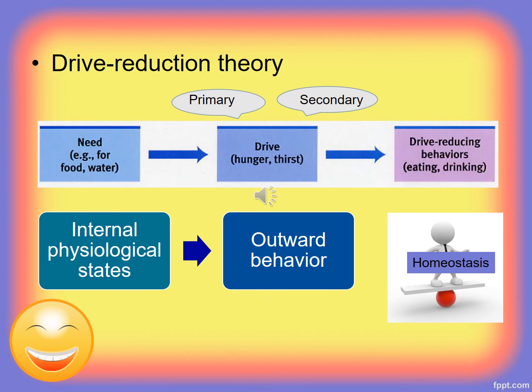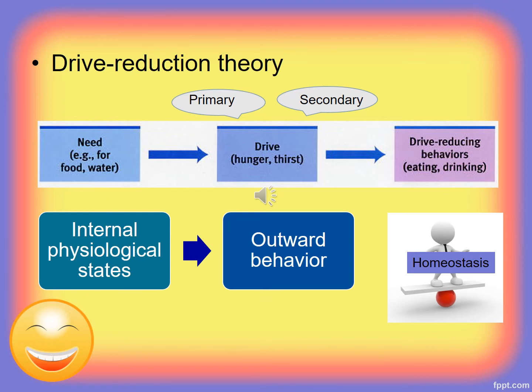So if you are hungry, you have a drive that you need to fulfill. Our body is in a state of imbalance, and it produces certain stimulations that cause us to bring it back into balance, which is eating. Drives can be categorized into two types: primary and secondary.